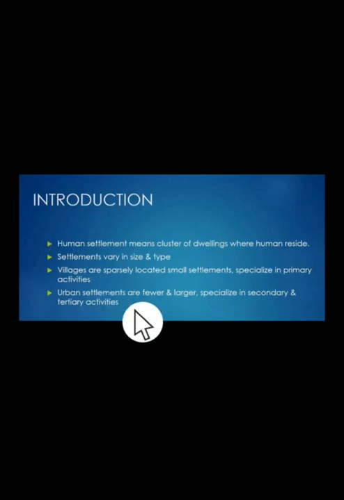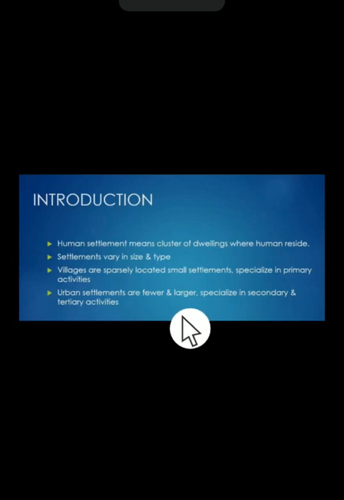Next, urban settlements. Now what do you mean by urban? That is the cities. Cities on the other hand are fewer and larger, okay? They are few, but they are also very very big, and they specialize in secondary and tertiary activities.